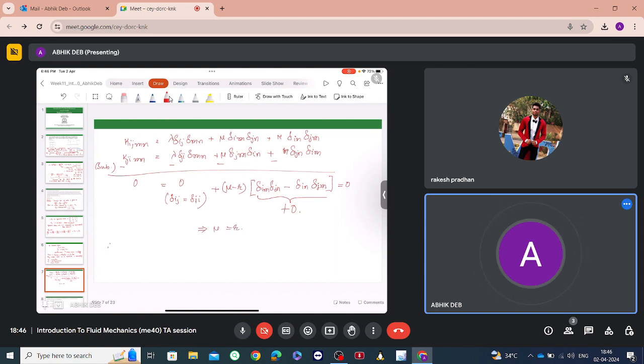Therefore sigma ij is equal to lambda delta ij delta mn plus mu delta im delta jn plus mu delta in delta jm, which is Kijmn, multiplied by emn.